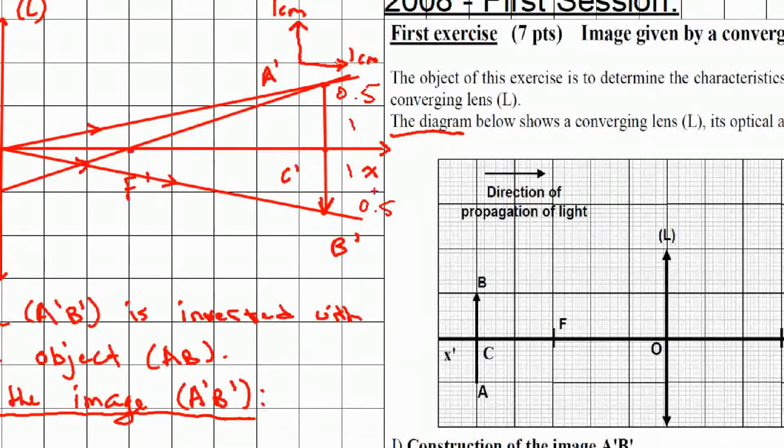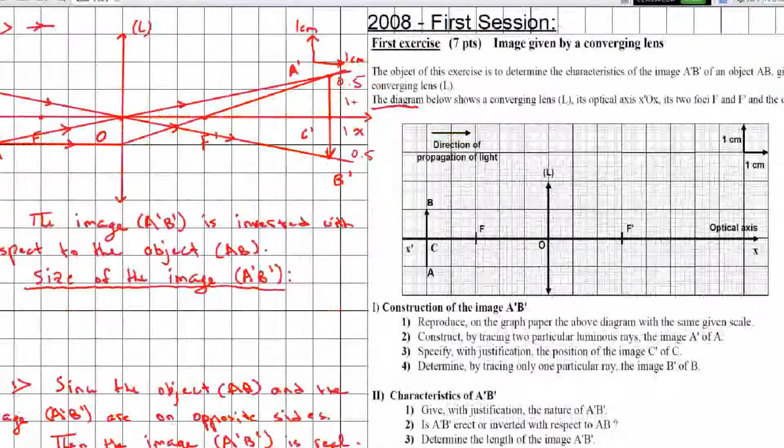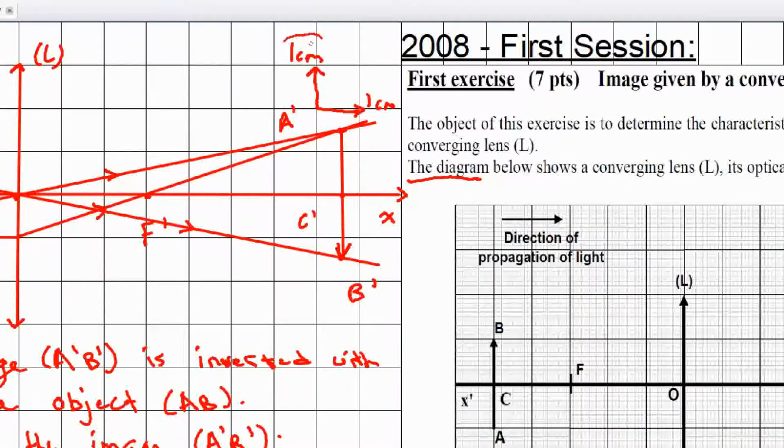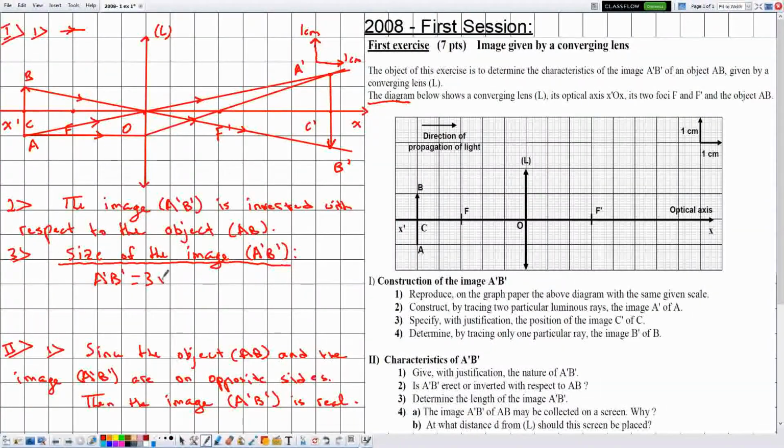So if we add this up, 0.5 and 0.5 will give me 1, plus 1 plus 1. So A prime B prime consists of 3 divisions. And we multiply by the scale along which we have counted the number of divisions, which is the scale along the y-axis, and this will give me 3 centimeters. Why centimeter? Because the scale is in centimeters, and always all quantities in physics must have a unit. Finally, it's a good habit to write our final answer in a box to make it easier for the corrector to notice our correct answer.